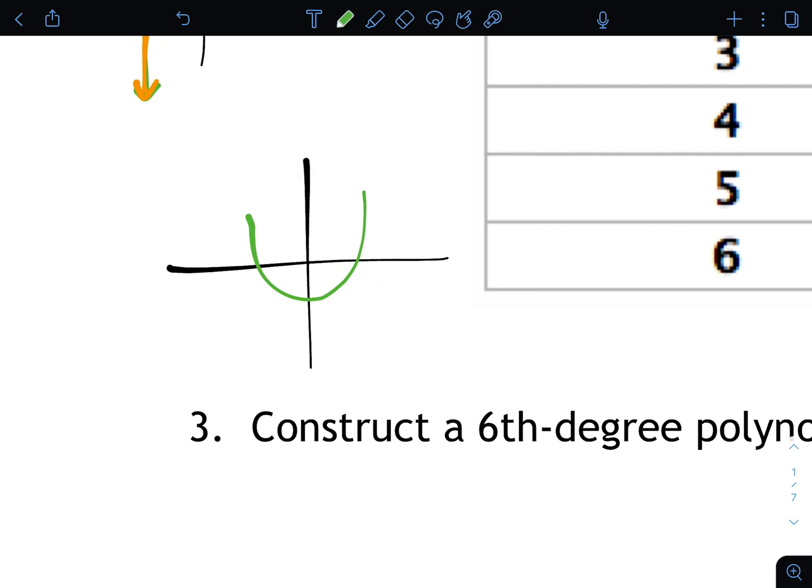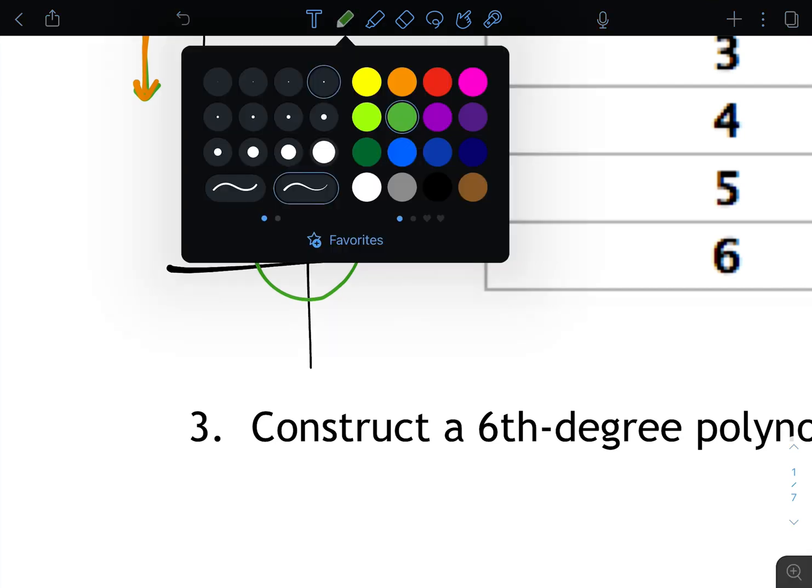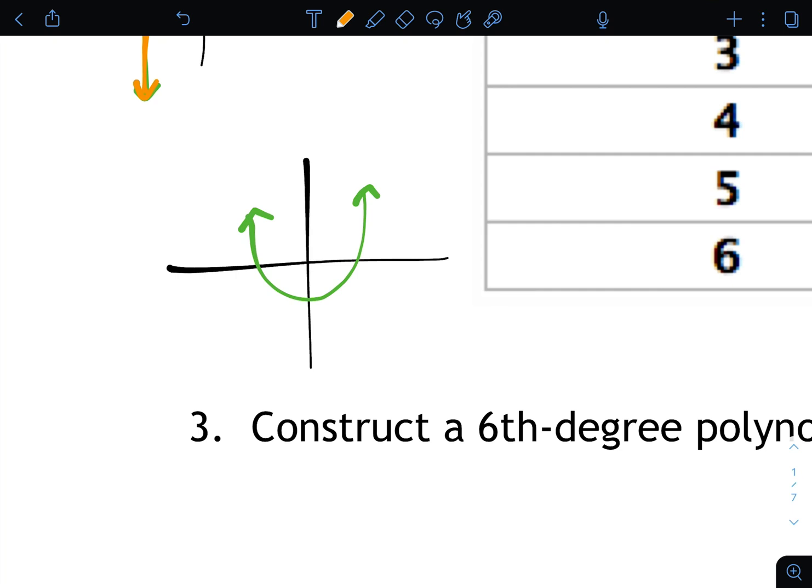So when I have any even degree polynomial, so if it has a degree 2, 4, 6, 8, the end behavior is going to be the same in both directions. So it's either going to be pointing up in both directions, or we could have had a quadratic that's pointing down and going to negative infinity in both directions.